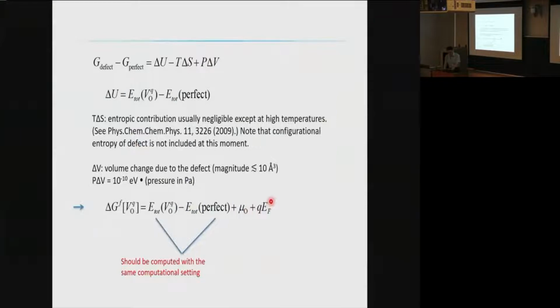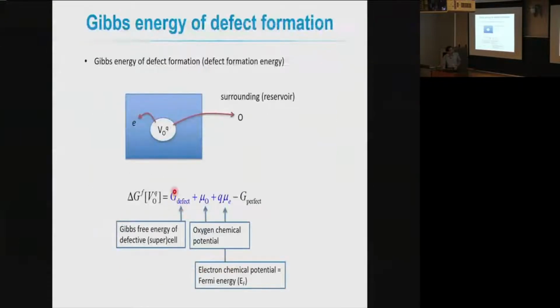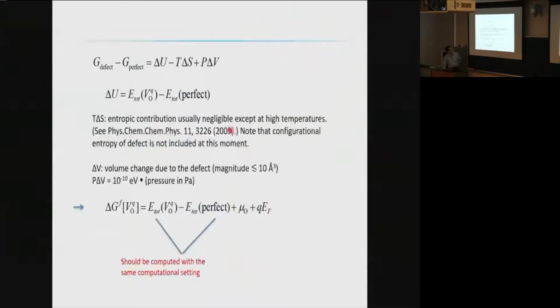The energy difference between the defective cell and the perfect cell, by definition, consists of the change in internal energy minus T times the entropy change plus P delta V, because the Gibbs energy is U minus TS plus PV, and we are considering a reservoir controlled by a certain temperature and pressure.